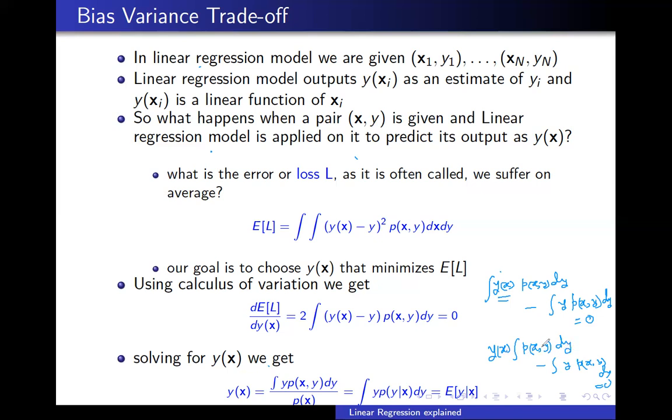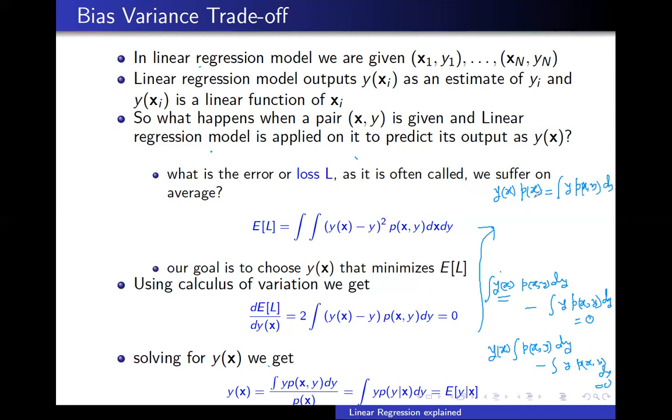So the result is nothing but, let's write it down over here, y of x times the marginal distribution p of x, which, if you change sides, is nothing but y times p of xy dy.